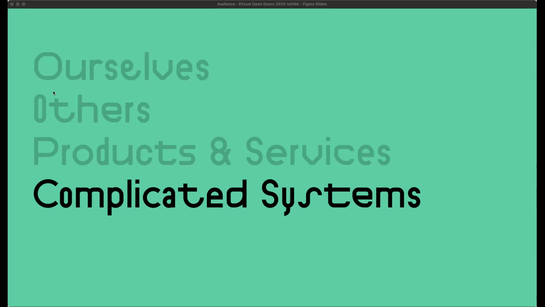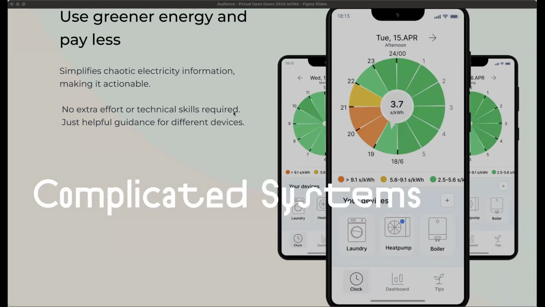And we can actually expand our reach as interaction designers even further. We can go into complicated systems, which consist of many products and different services, and try to figure out how humans interact with such systems, how the services inside of systems interact with each other, and so on. As an example, Mariana, for her degree project, researched why people don't make more sustainable decisions at home, and why people don't use green energy.